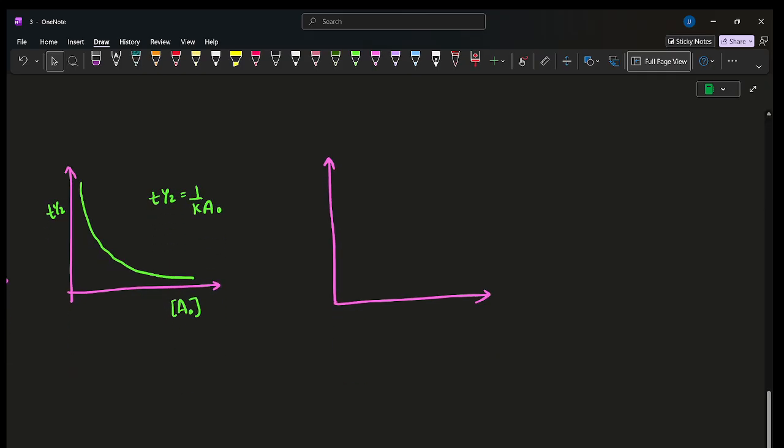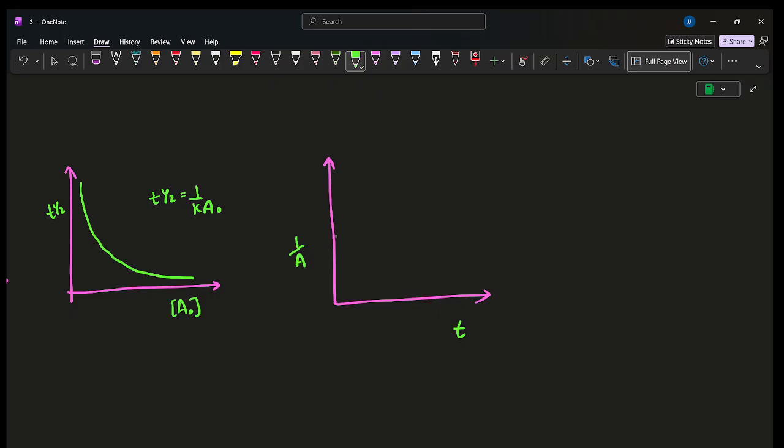Moving on, we have this. Basically, it is 1 by A versus t. It's definitely going to be a straight line, but it's going to be a straight line with an intercept, and a positive slope and not a negative slope.